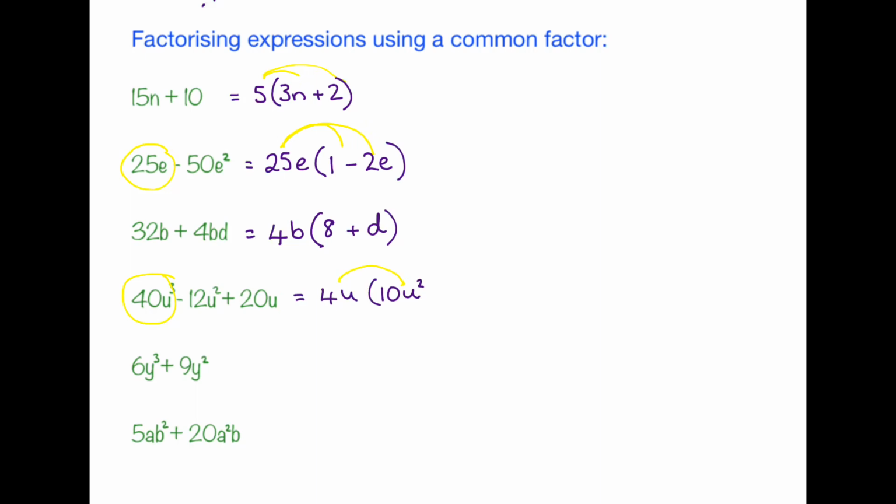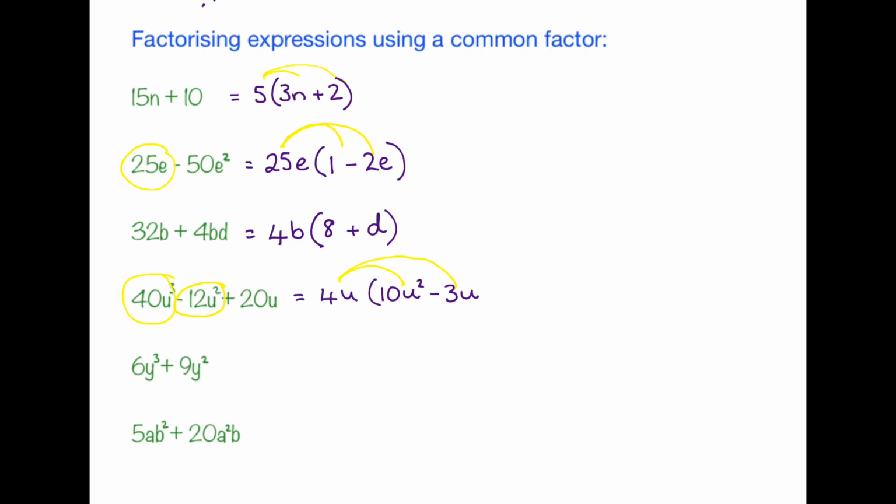Okay, then we need to do our next bit. So 4u times this is going to give us negative 12u squared. So it's going to have to be minus, and 4 times 3 is 12, u times u is u squared.